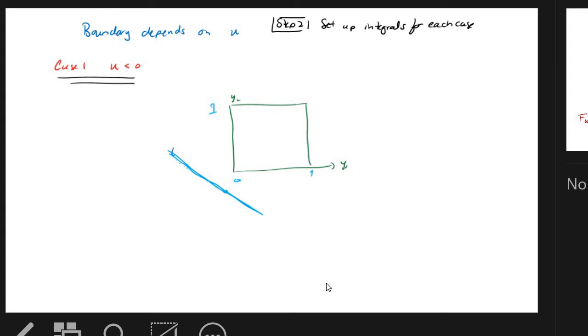I did the easy ones first, because I like to avoid the uncomfortable questions, as I just pointed out to you. It made me uncomfortable to think of the inside of the region, so I went outside the region first. Outside, the first one is u less than 0. It's underneath there. In there, the function has no support, so it's 0, so I don't need to do anything.